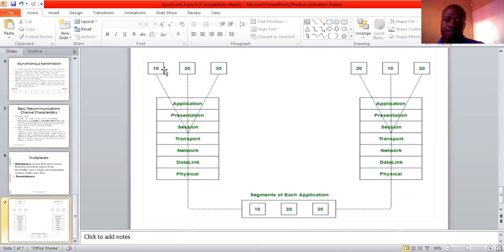So if 10 was sending to 20, it goes to 20, and so on. Here they are being demultiplexed. The multiplexer is a device that combines the signals, but here it separates them to their respective destinations. As you can see, they are all sharing the same medium here.